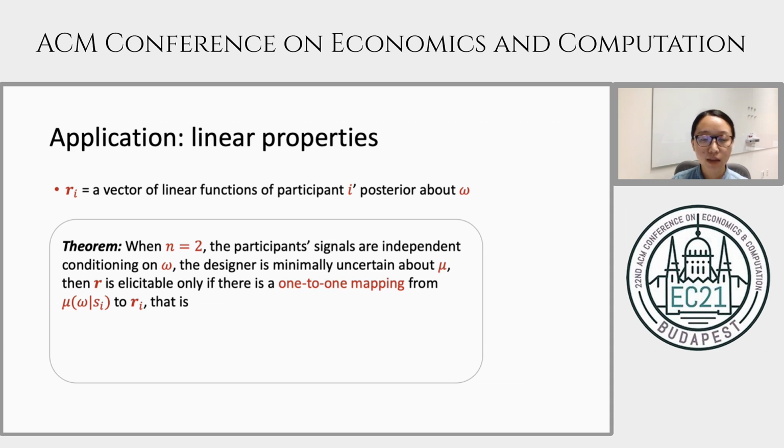That means there's a one-to-one mapping from the posterior of the state to Ri. Formally, this means that matrix G with an all-one vector at the bottom has a rank equal to the size of omega. Here matrix G is the matrix that represents the linear transformation from the posterior to Ri.